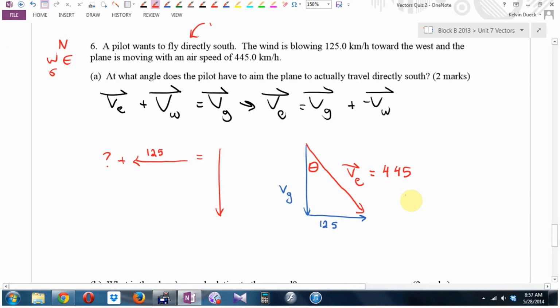So first thing it wants is what angle? There's my theta. See it? Opposite, hypotenuse, not tangent. Which trig function will I use to find the angle? Sorry, sine. That's what I said. I saw the sign.